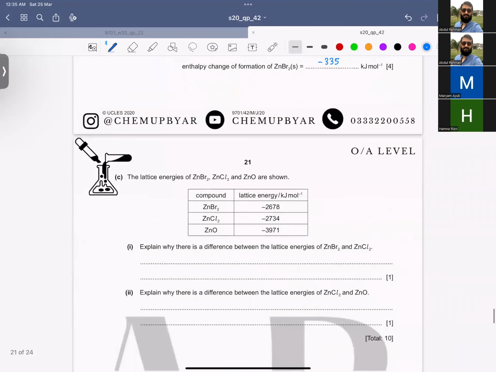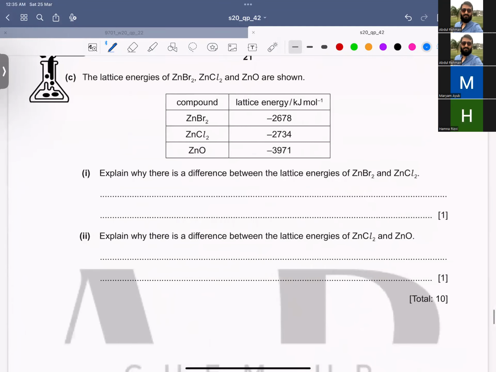Okay. Now let's move to the C part. The lattice energies of zinc bromide, zinc chloride, and zinc oxide are shown. Explain why there is a difference between lattice energies of zinc bromide and zinc chloride. So if you see, it's greater, right?